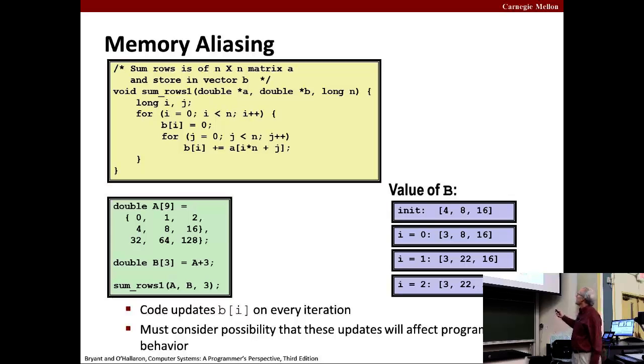But it just demonstrates that as B gets updated, it's effectively changing A, and it's changing what's being read during the summation. And so this is a real possibility in C. And so the compiler, when it's given code like this, has to assume that these two memory locations might overlap each other. So that's why it's carefully writing it out and then reading it back in over and over again.